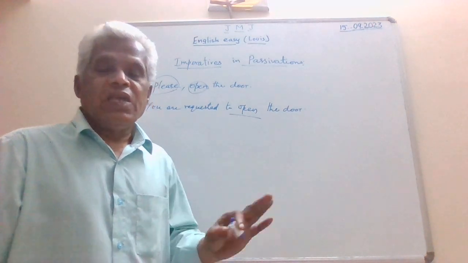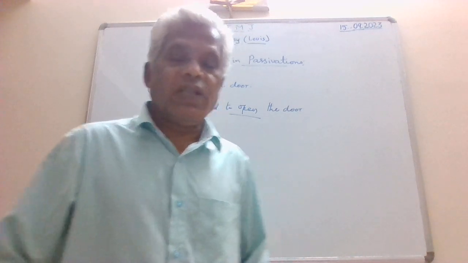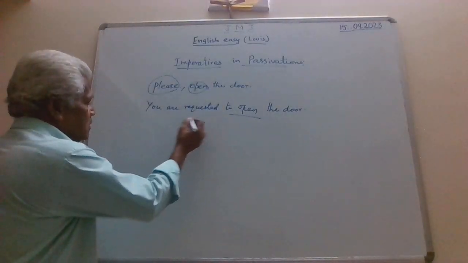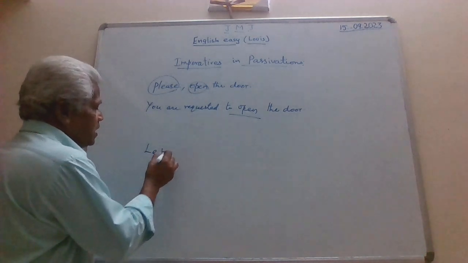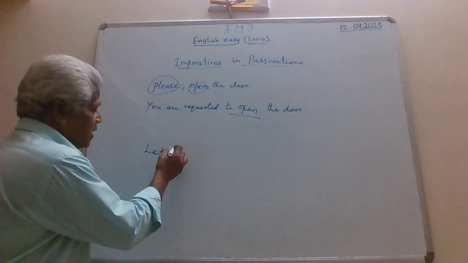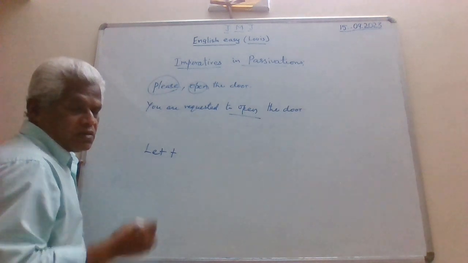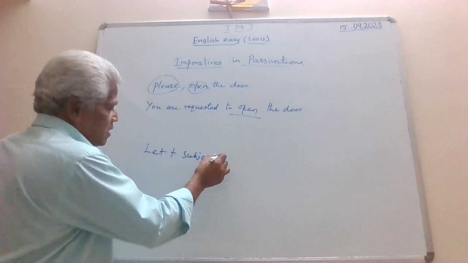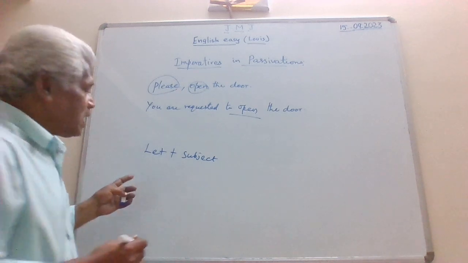So similarly, you can have sentences like this. So what is the formula that we can frame? See, first of all, you write the word let, and then after writing let, what? The subject. The subject, and if it is negative, you write the word not.